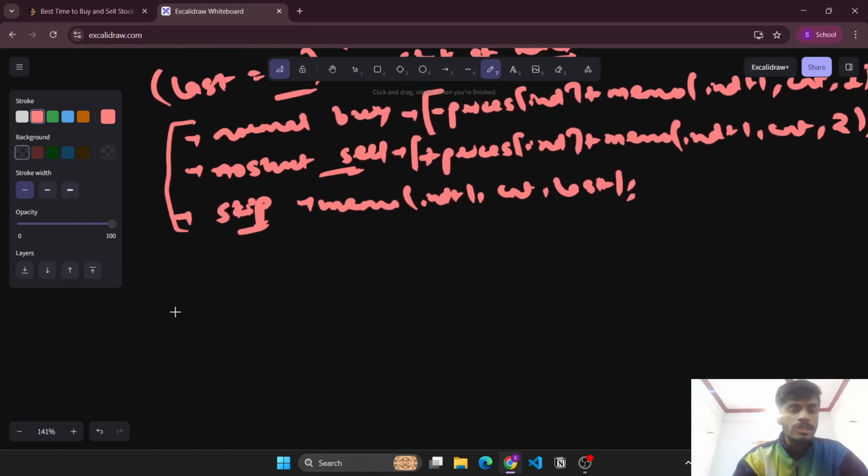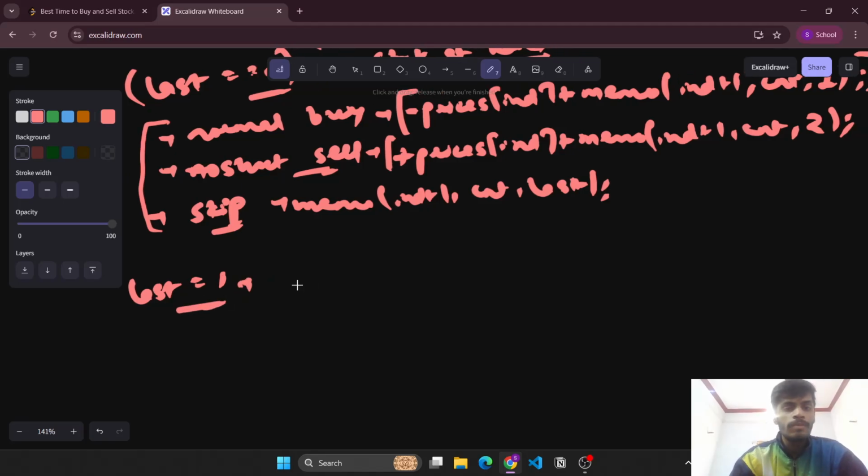Now for last equals 1, that means we have a normal buy stock at hand. That means we have already paid the price. Now we'll be able to sell the stock on a particular day.